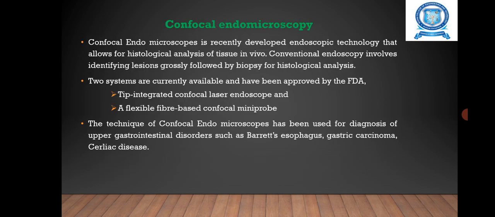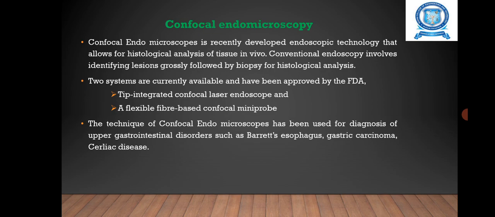The next one is confocal endomicroscopy. It is a recently developed endoscopic technology that allows for histological analysis of tissue in vivo. Conventional endoscopy involves identifying lesions grossly, followed by biopsy for histological analysis. It also allows for the performance of real-time biopsy during endoscopy by observation of the muscular layer of the gastrointestinal tract at the cellular level.